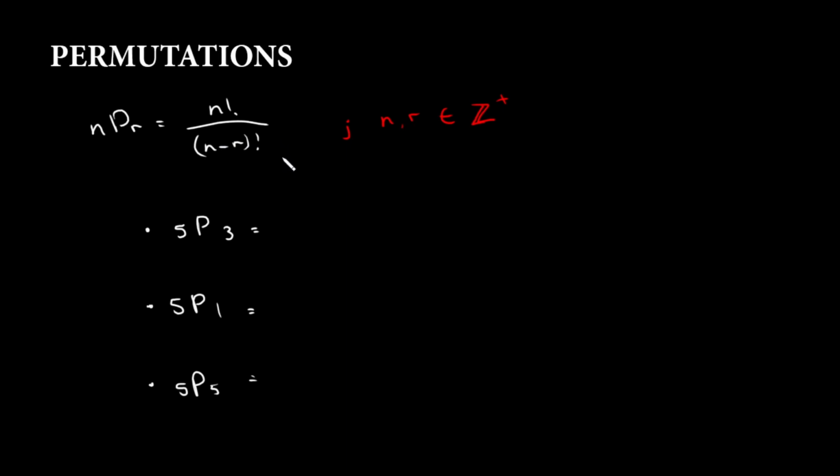So it might be easy to get these two confused. Make sure you don't forget that nPr doesn't include the r factorial, and nCr includes the r factorial at the end. So similarly, we can apply these to actual numbers, and 5P3 in this case would mean 5 factorial over (5 minus 3) factorial, which would equal 5 factorial over 2 factorial.